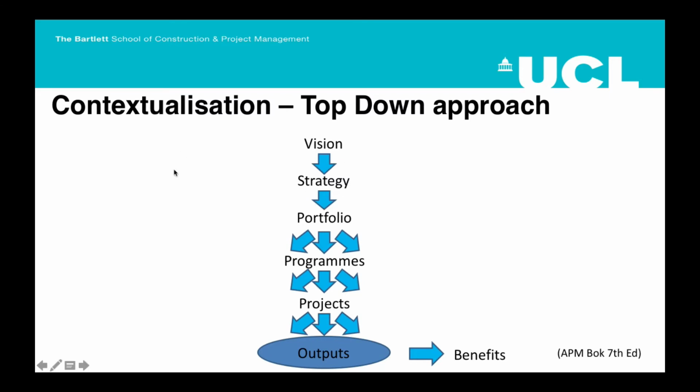But the way to implement the strategy will be through the portfolio, which is a set of programs which are sets of projects. So actually projects, and the project outputs, will be responsible for realizing the benefits for the organization. These benefits obviously will be obtained according to the vision and the strategy for a particular organization.